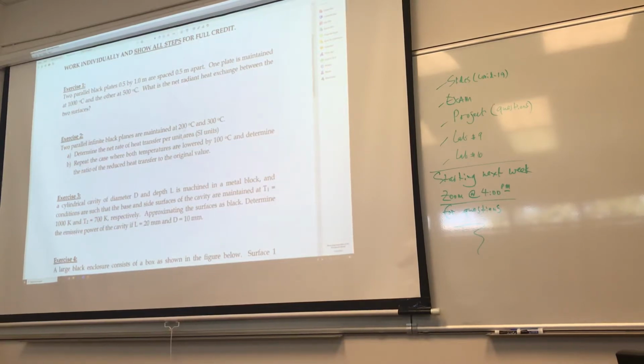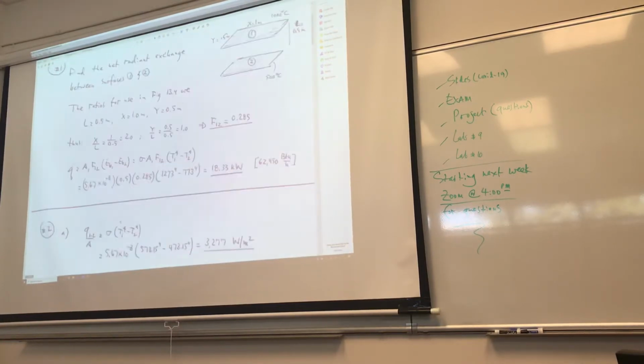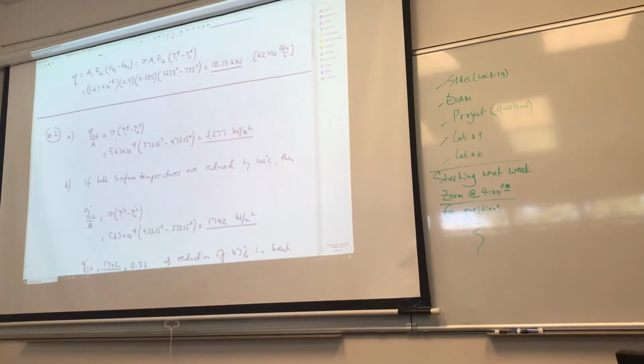Obviously, when they are infinite, everything that leaves one gets received by the other. Then you're asked to repeat if both temperatures are lowered by 100 degrees. So, what is the solution for that? Well, now the F12 is simply 1, so that's no big deal.